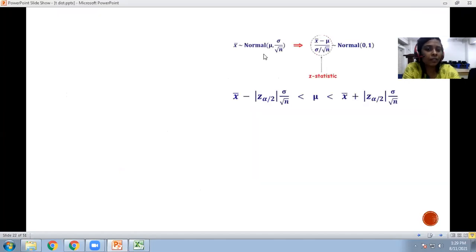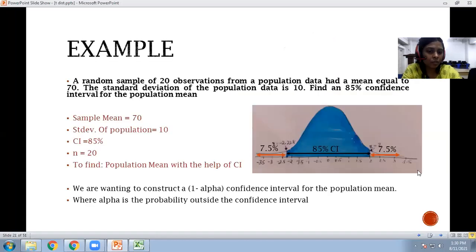For doing that, we are going to use the Z statistics. There is a small modification in the formula. What I'm going to do is X bar minus the absolute Z value of alpha by 2, because I have alpha on both the sides, on left and right. So I'm going to divide by 2. If there is only one tail, for example if this distribution only has a tail towards its right, then you will just use alpha.